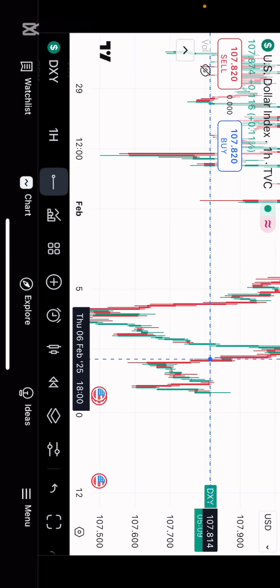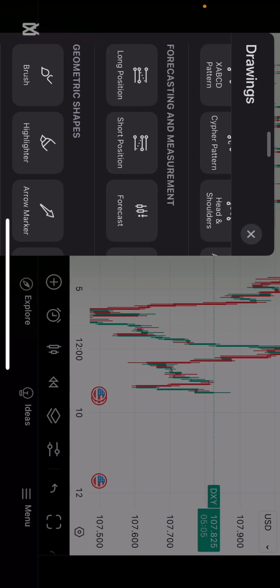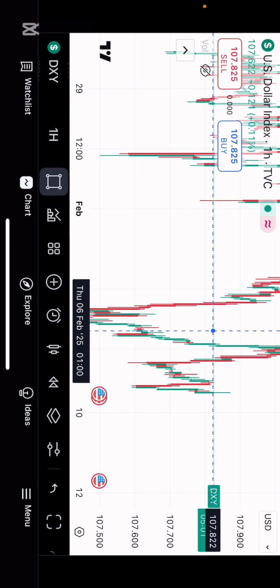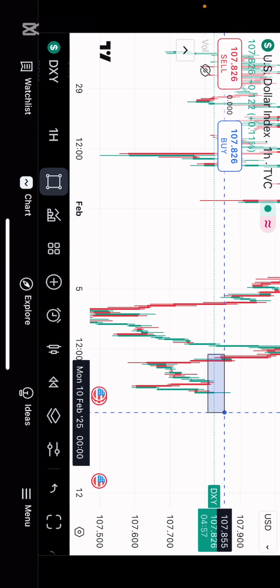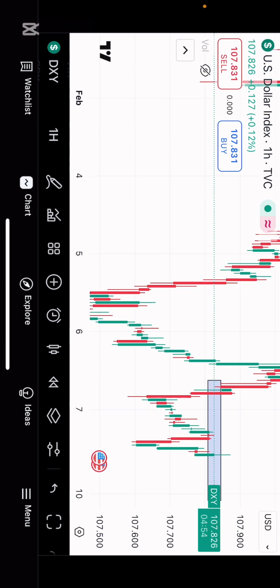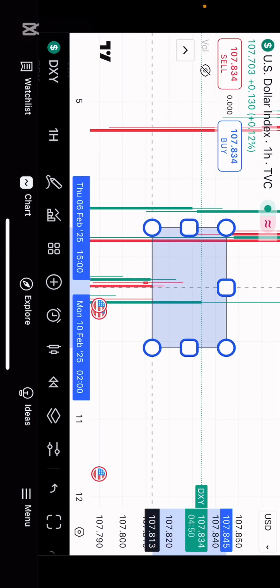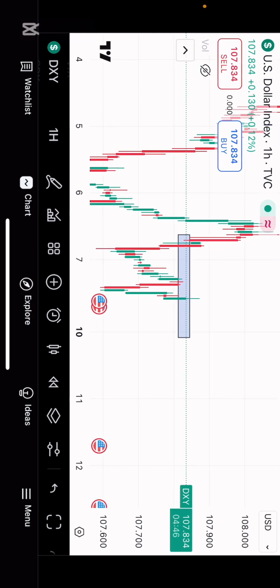We want to sell off here. We're going to say we're going to sell off of this zone. It's still too early to be getting in. We're going to let the market play out and do what it wants to do.